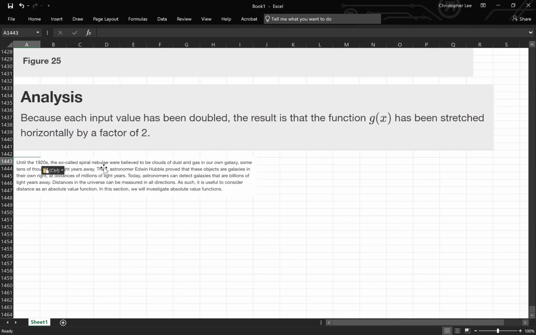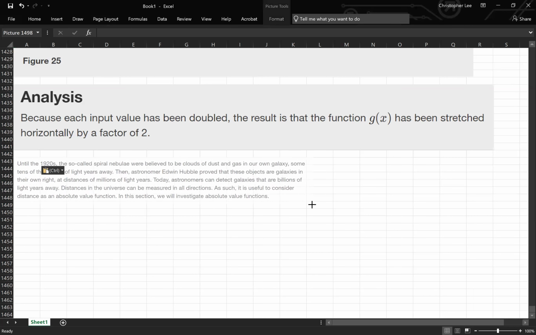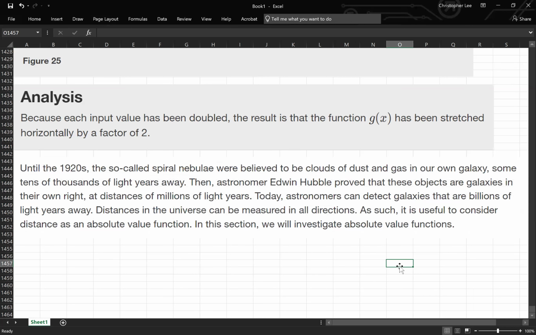All right, little story real quick. Until the 1920s, the so-called spiral nebulae were believed to be clouds of dust and gas in our own galaxy, some tens of thousands of light years away. Then astronomer Edwin Hubble proved that these objects are galaxies in their own right at distances of millions of light years.